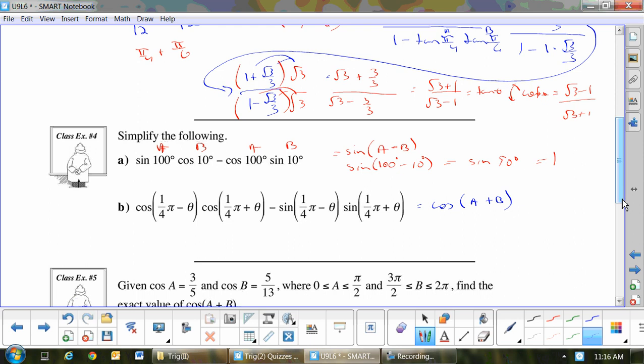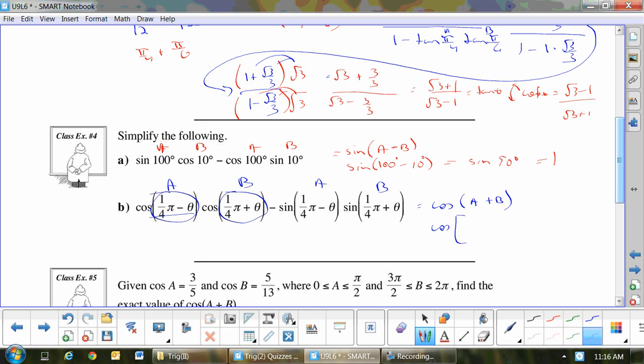Now, what's A? Yeah, it's all of this is A. Right? All of this is B. And all of this is A. And all of this is B. Right? So the entire thing. Like, that's tricky. So now it is cos big bracket.